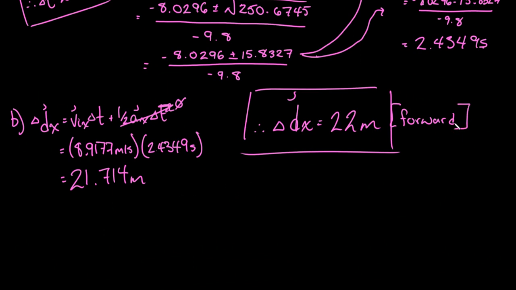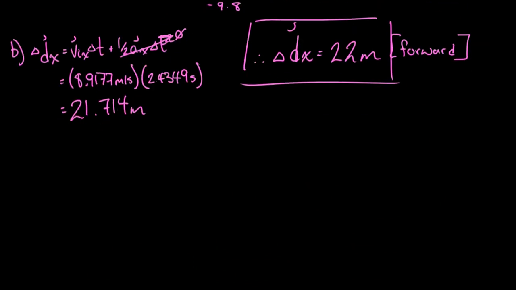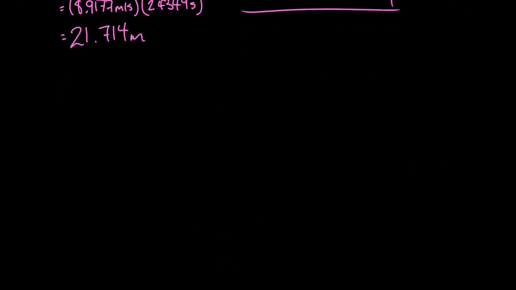Okay, and then last but not least, they do want us to solve for that final velocity that the rock hits the ground with. Okay, so remember, because there is no acceleration in the x direction, that final velocity is equal to that initial velocity in the x direction. So we already know that the final velocity is 8.9177 meters per second in the x direction.